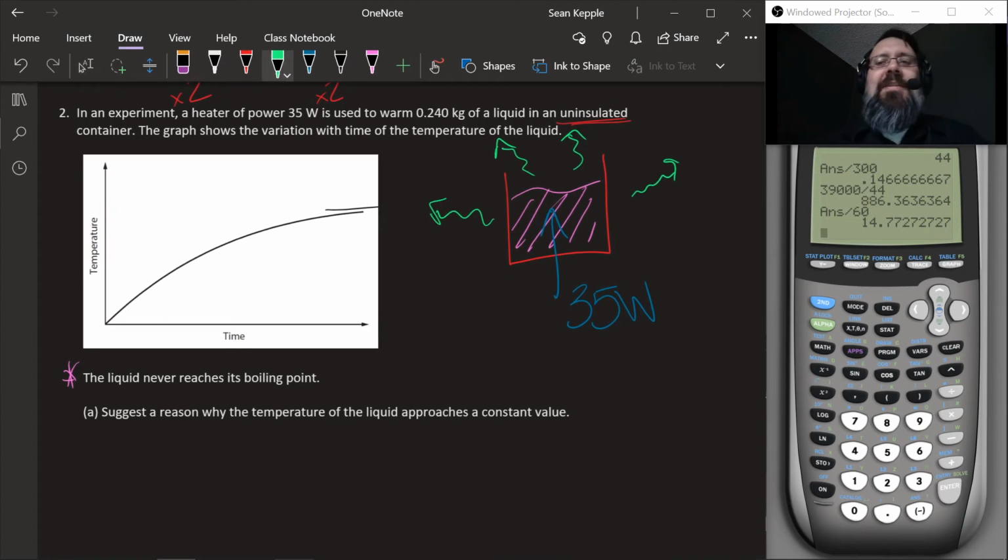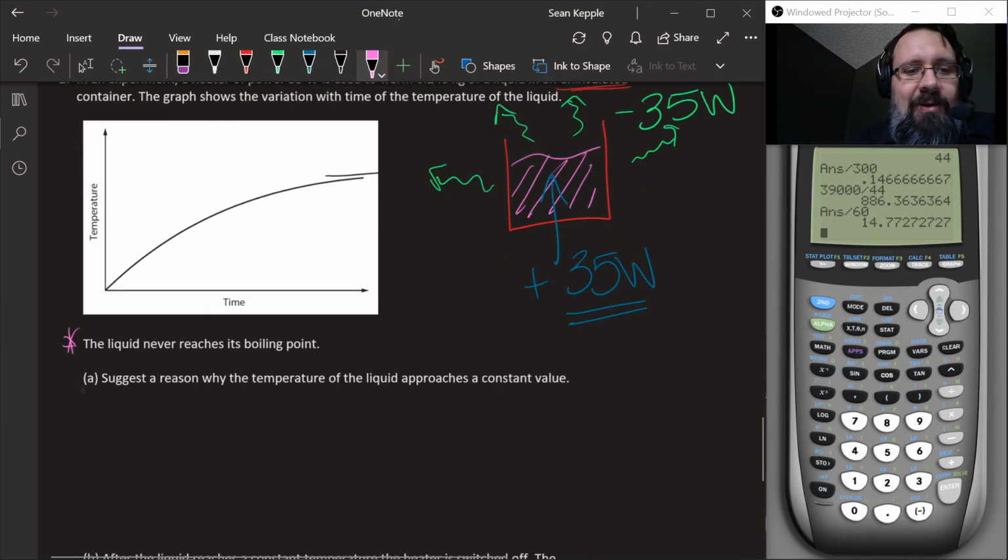The answer is that the 35 watts that we're adding is equal to the 35 watts that it's losing. We're giving it 35 joules per second of heat supplied, but it's radiating, losing 35 joules per second to the environment. So the net effect is a power of 0, no power added.